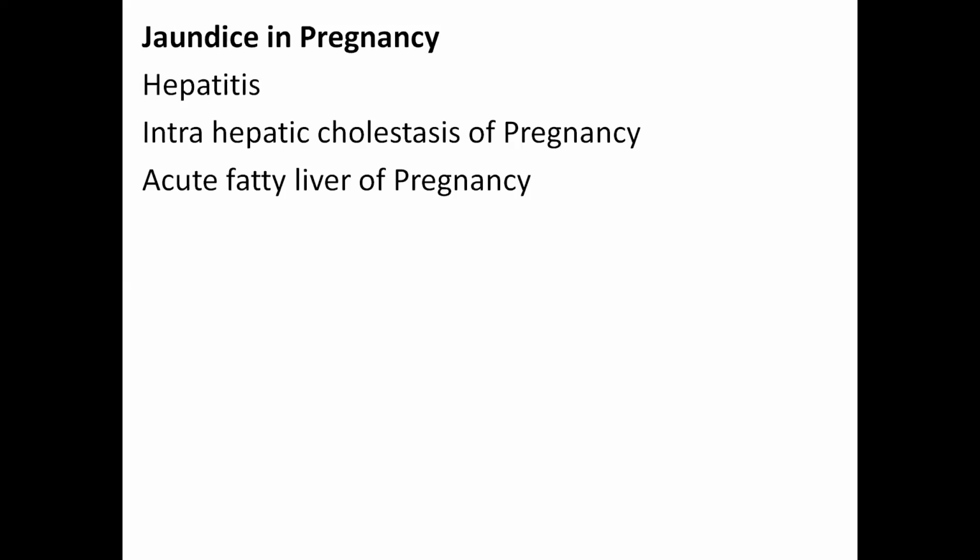Now, treatment of acute fatty liver of pregnancy is termination of pregnancy. So, you have to diagnose correctly because a patient with hepatitis may be unconscious. So, you have to differentiate acute fatty liver of pregnancy from fulminant hepatitis.